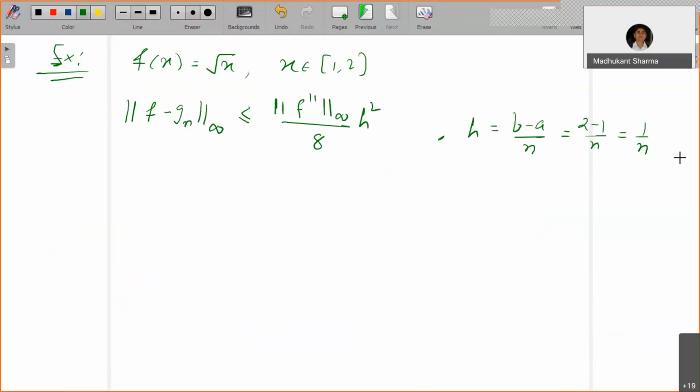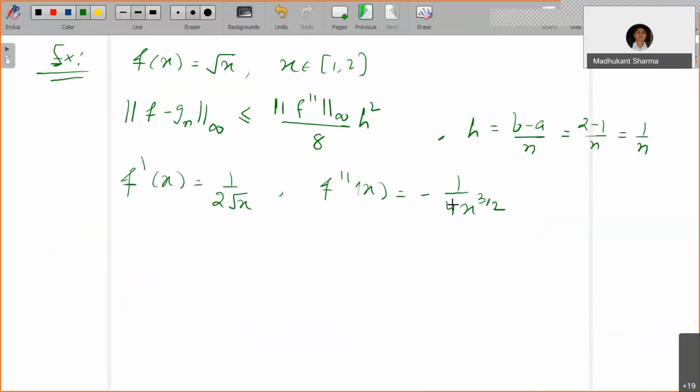Now what we require is the infinity norm of f double dash. From the definition of the function, f dash is 1 by 2 root x. What is f double dash? If you differentiate, that is going to be minus 1 by 4 x to the power 3 by 2.